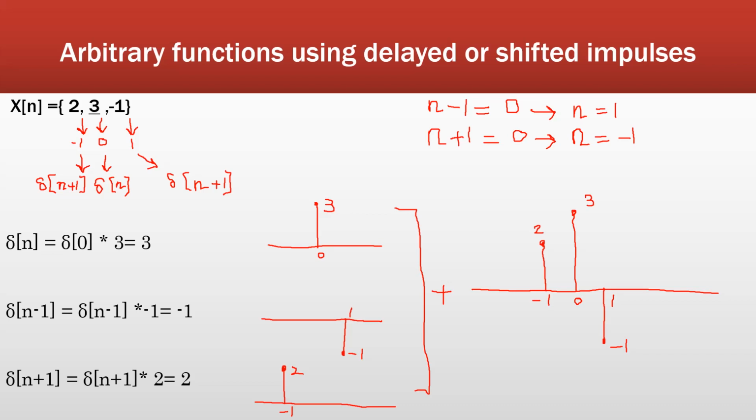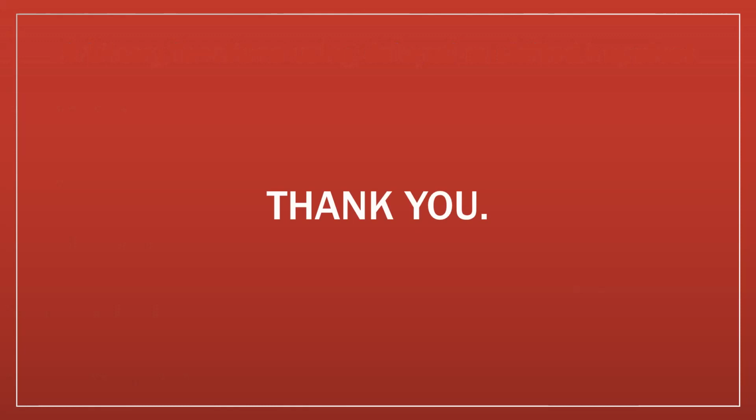This is how we can calculate an arbitrary function by using the delayed and shifted impulse response. By involving the indexes and their values, we can construct or find any arbitrary function. This is all about lecture number 5. Thank you for watching.